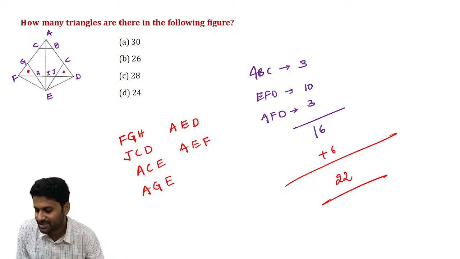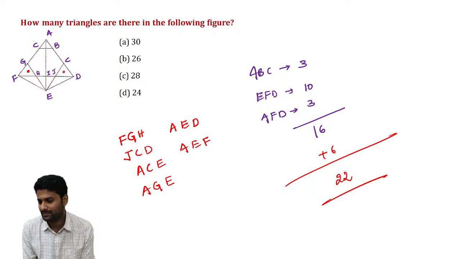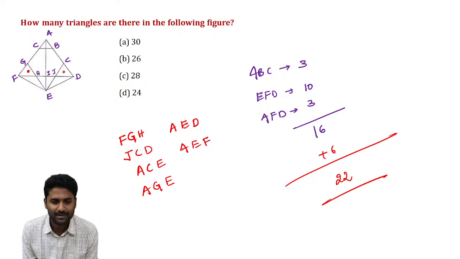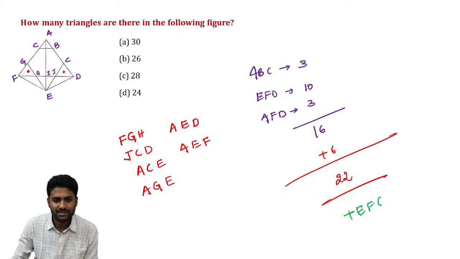Now I'm waiting for your responses. We have counted 22 triangles. Can I get more than that number? If you get more than that, just type it in the comments. What are the new triangles you can figure out? Let's go for EFG and ECD.